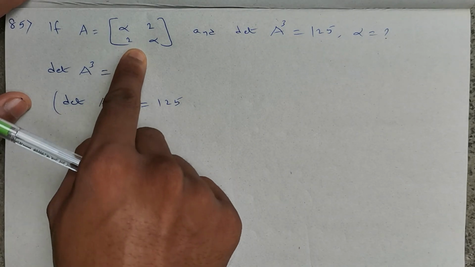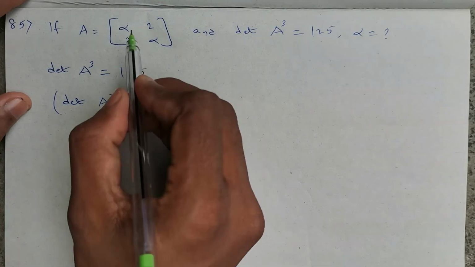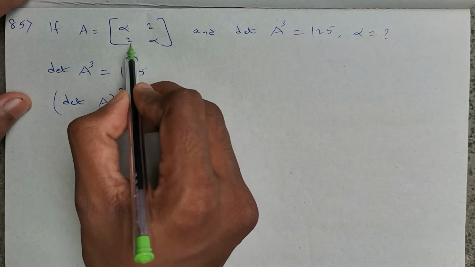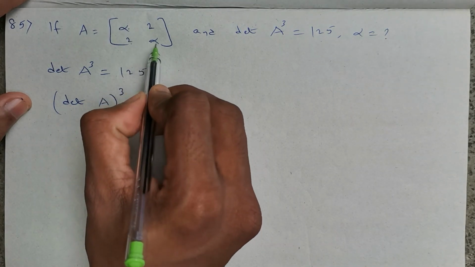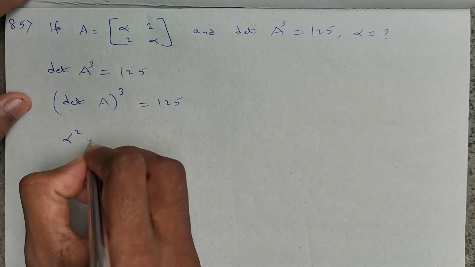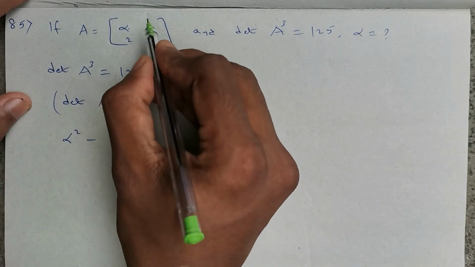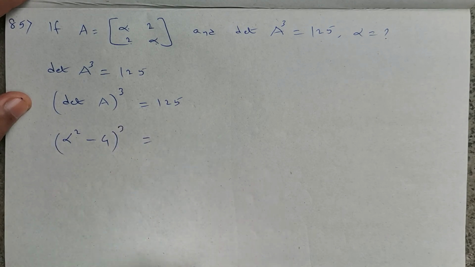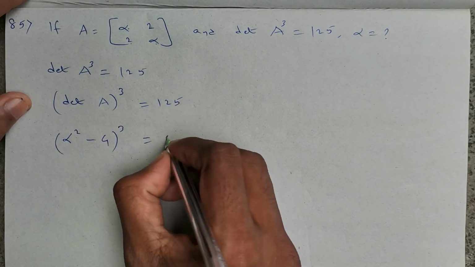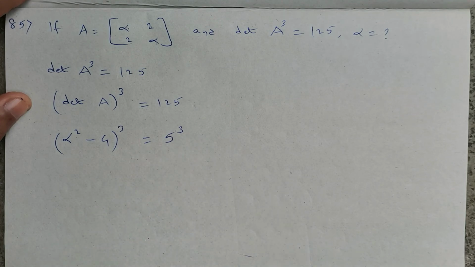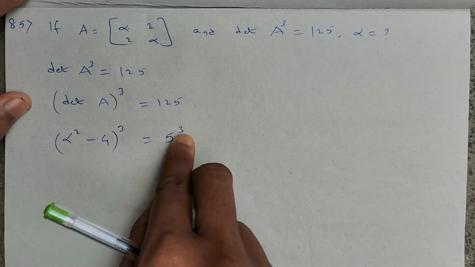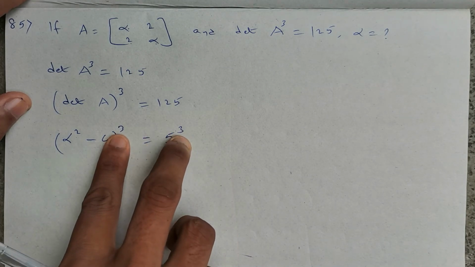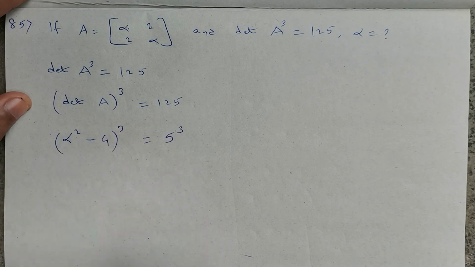First, for the given matrix, let us find the determinant. That is AD minus BC. Alpha into alpha, alpha square, minus B into D, 2 2s are 4. Whole power 3, which is equal to 125, can be written as 5 power 3. Here power is 3, here also power is 3. So if both the powers are equal to each other, the bases are also equal.